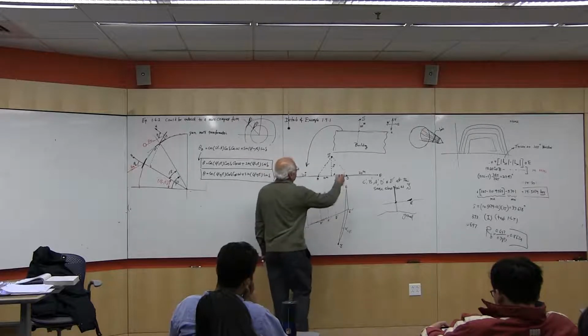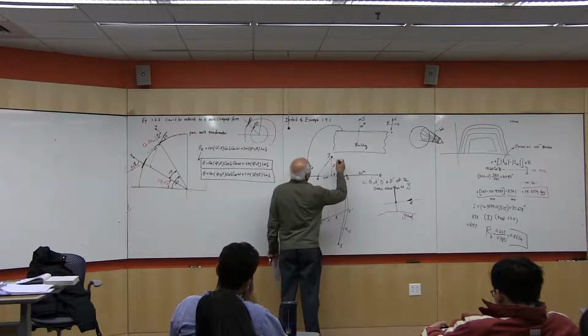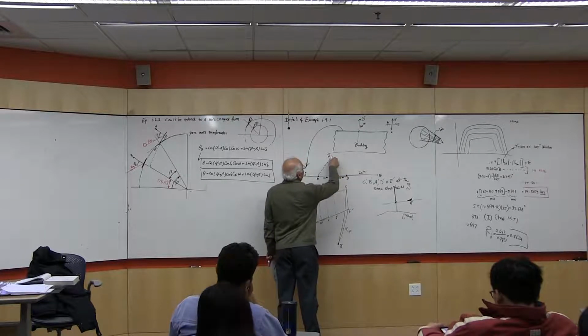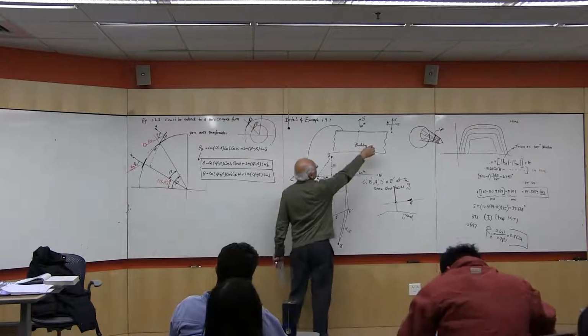Gamma, however, is easier to look at. Gamma, if you recall, was measured with respect to the north-south axis, which we have here.